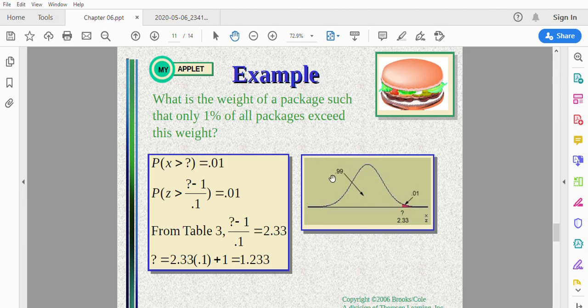From this 0.99 we find the z value, and we will get 2.33 from the statistical table. We can then find the x value because they're asking for the weight. We just shift it over, and we will get 1.233.